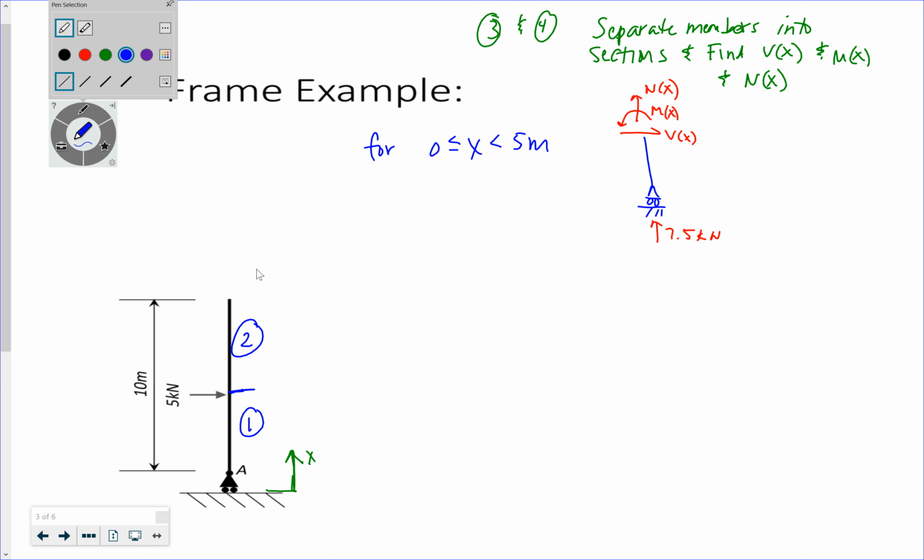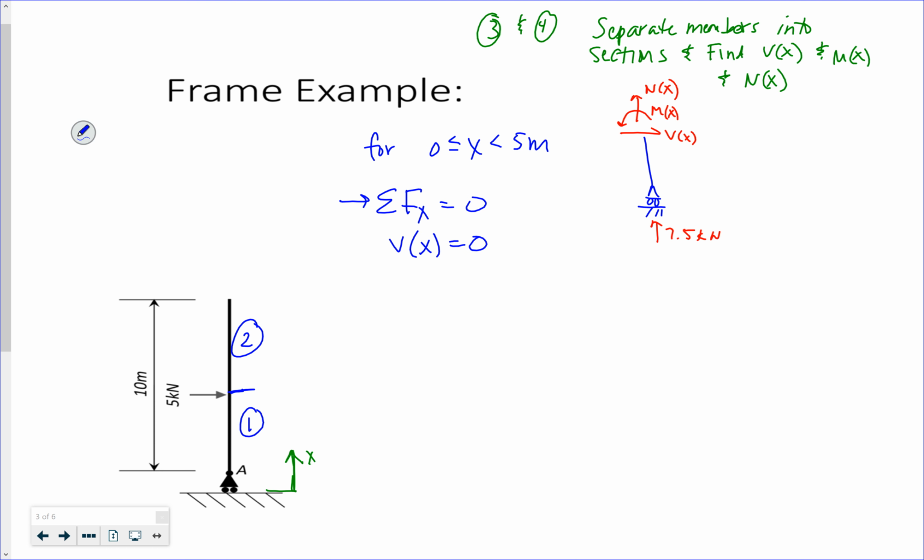So let's see. Sum of the forces in the x direction. All I have is my shear, so my shear is 0. There's no shear yet on my column.